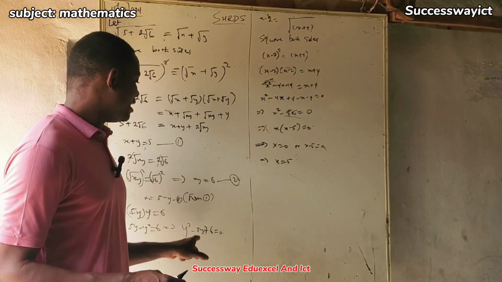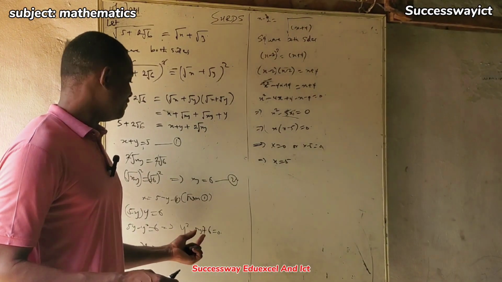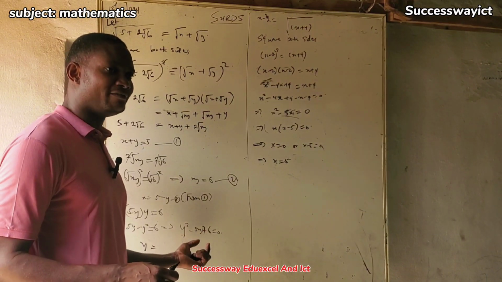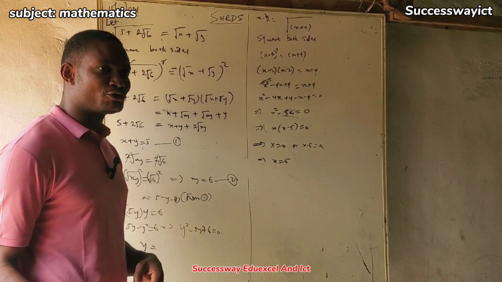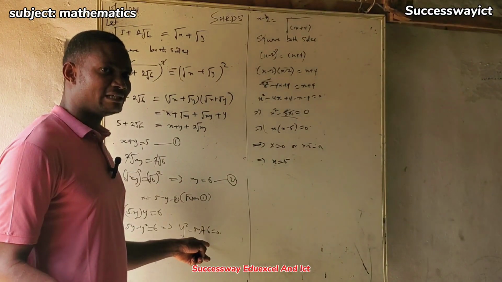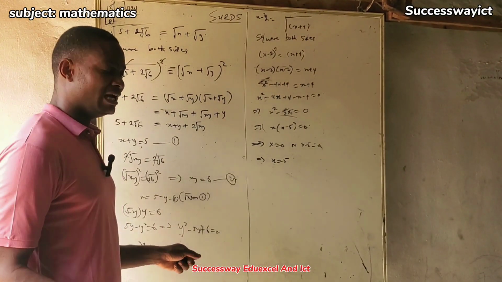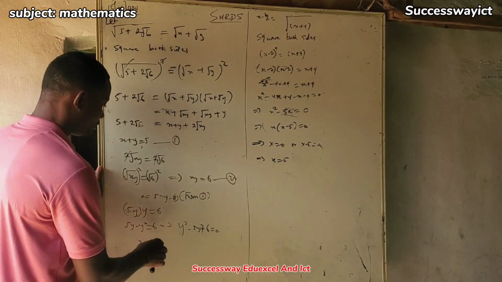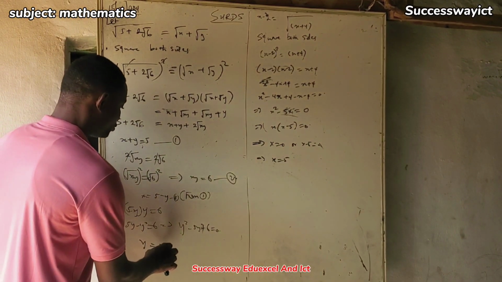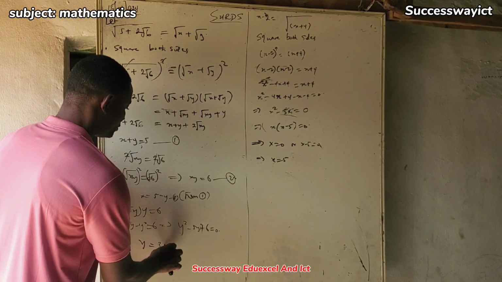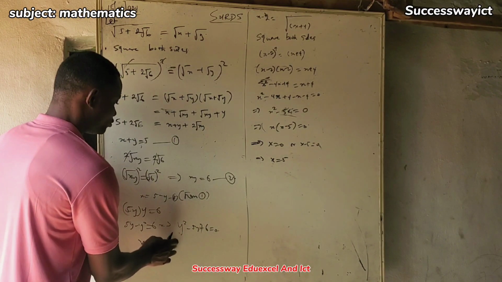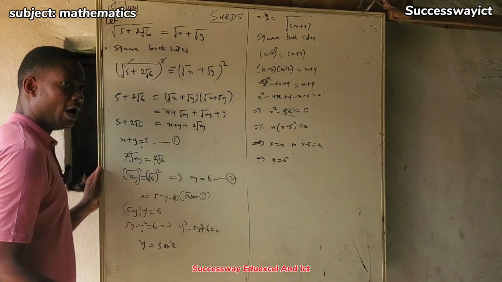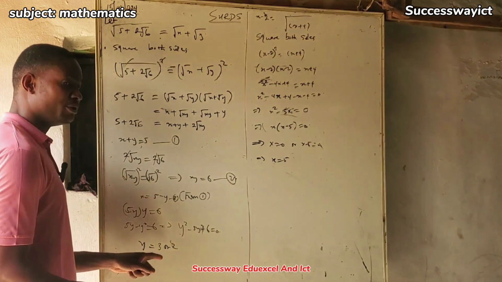Are we together? Minus 3 minus 2 is minus 5. Minus 3 times minus 2 is plus 6. Are we together? So my y is going to be equal to 3 or 2. Are we together? Y is going to be 3 or 2.